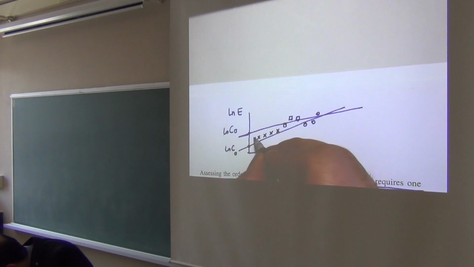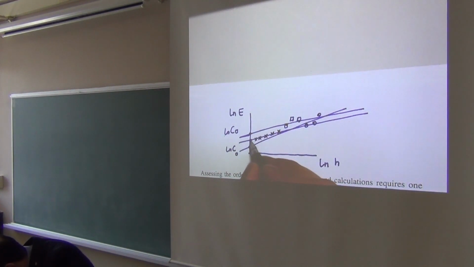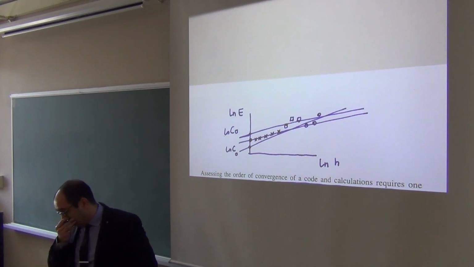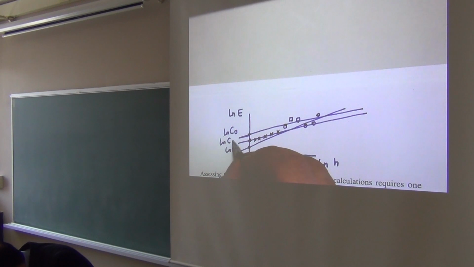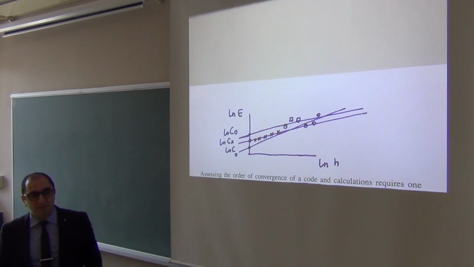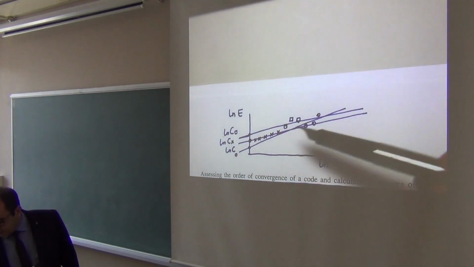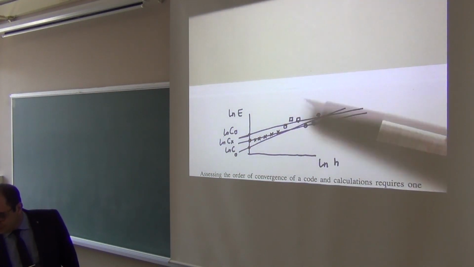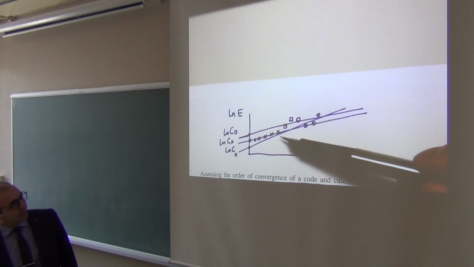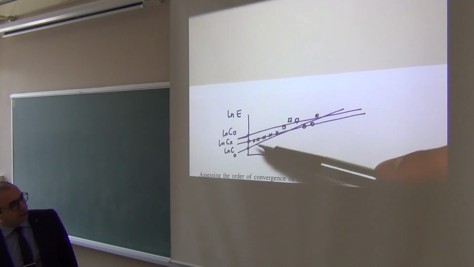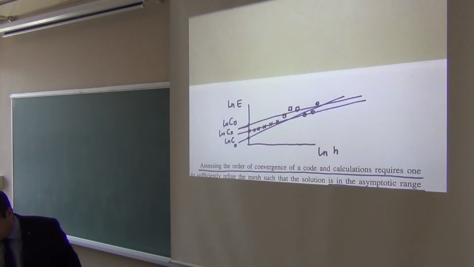If it's refined enough, then the more and more I refine my mesh, the more and more I will find the same C. So you see the plot is very scattered and noisy for very coarse discretization, but for very fine discretizations, it should get close to a line.